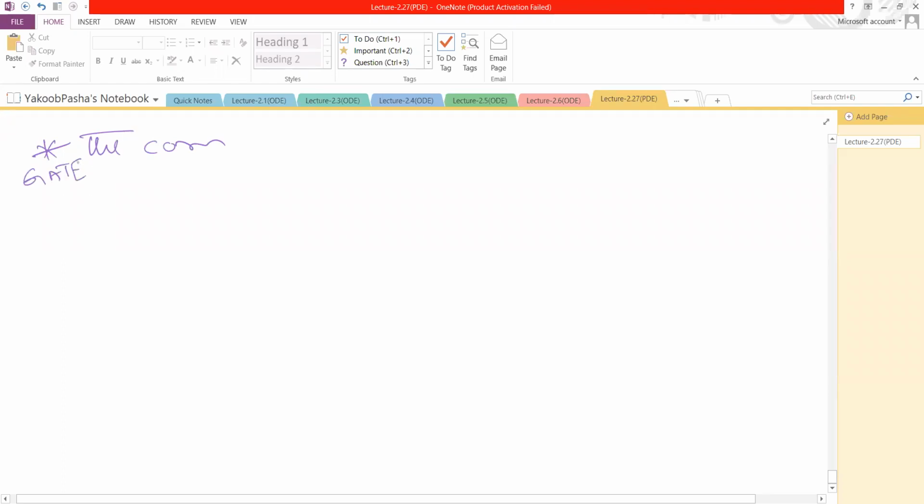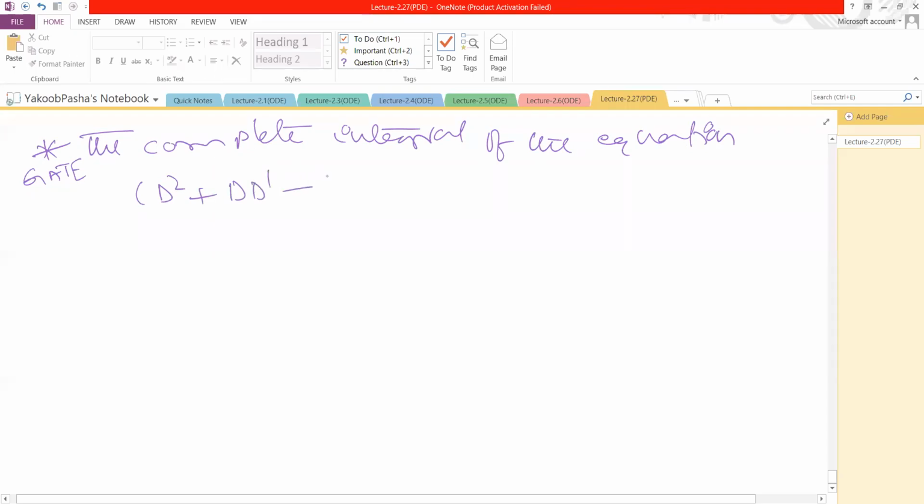Find the complete integral of the equation d square plus d dash plus d dash minus 1 into z is equal to sin x plus 2y.